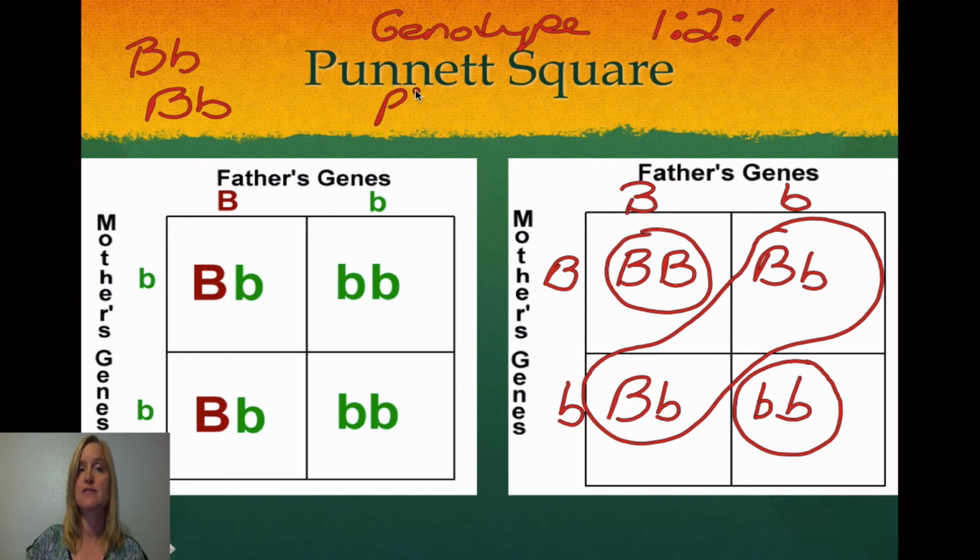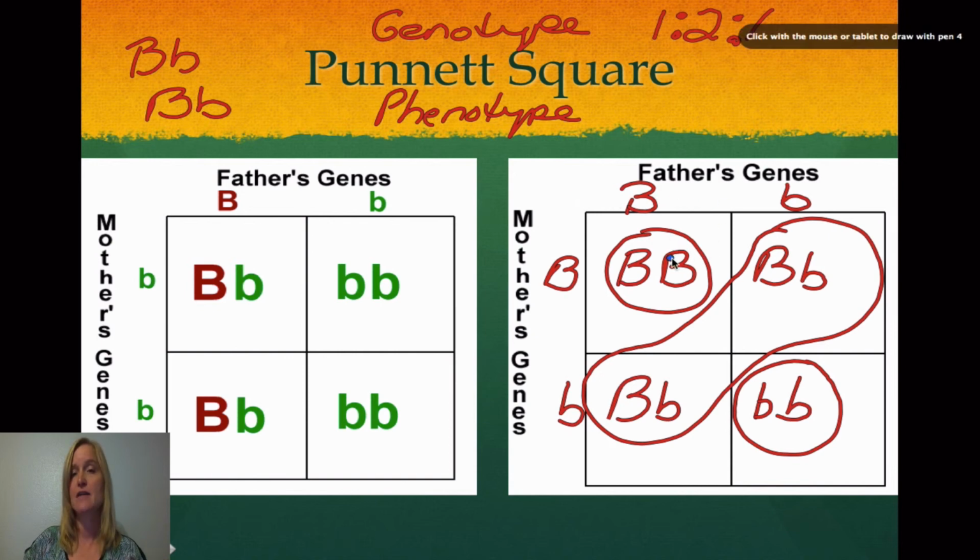But that's going to be different than the phenotype ratio. So remember, the phenotype is what actually shows up in the offspring. And so in this situation, what we have is this is dominant, this is dominant, and this is dominant. So we have the dominant trait in 3 boxes.